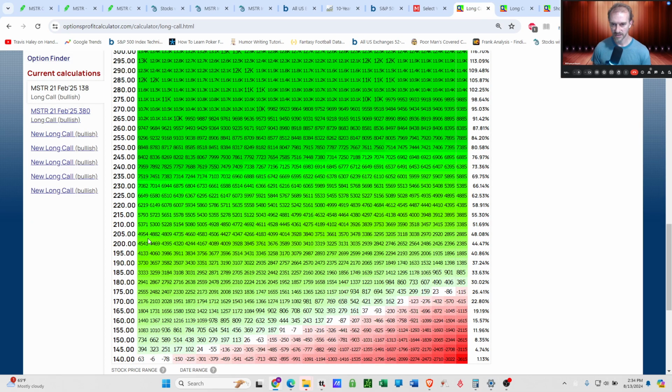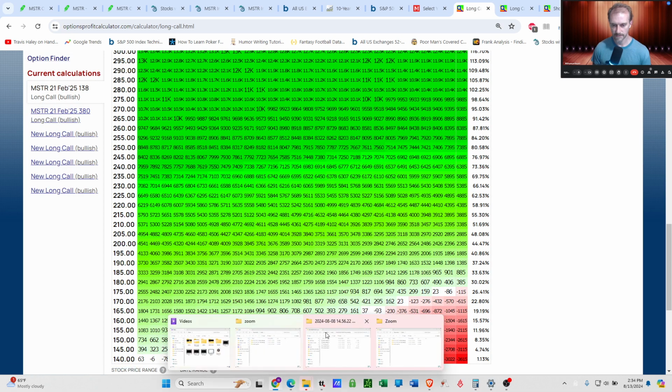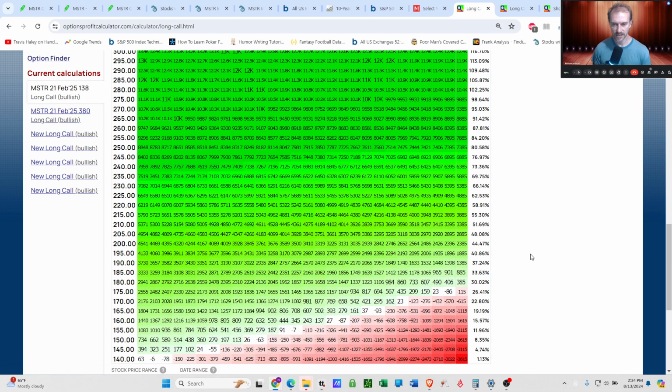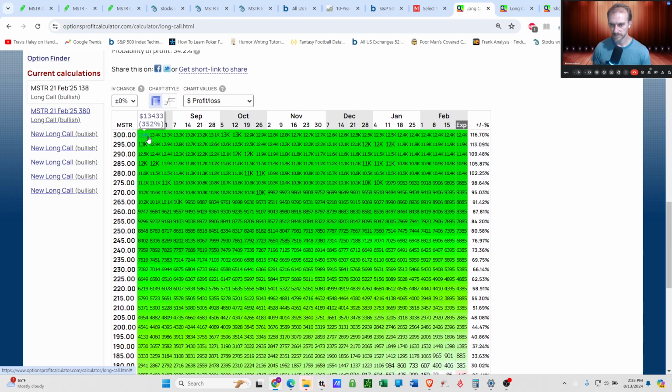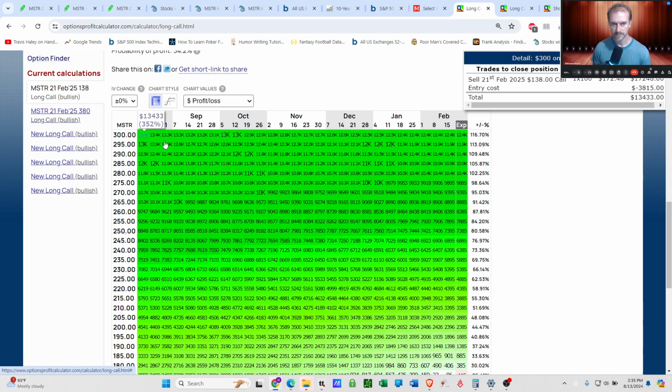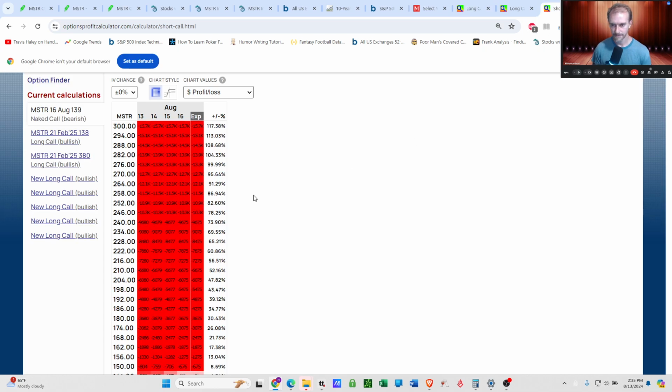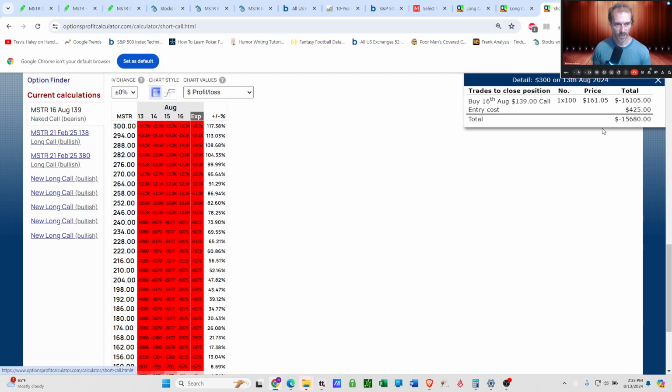So one of these is inadequate. It's not the end of the world. It would be a couple grand maybe that I would have to come out of pocket. Let's just check 300 while we're at it. So if the price basically more than doubled and went to 300, this thing would appreciate by 13 grand. And the naked call would wreck me for about 15.6.